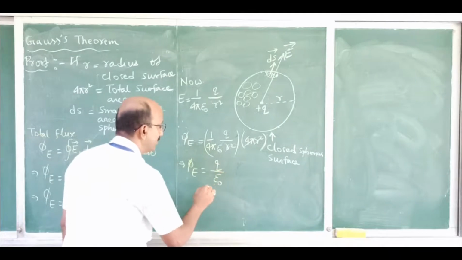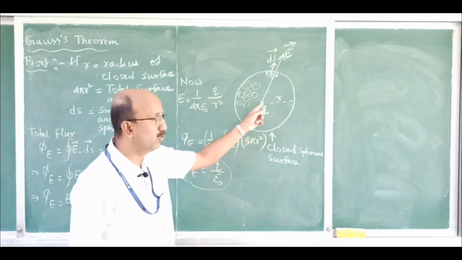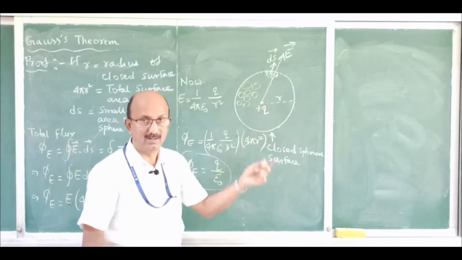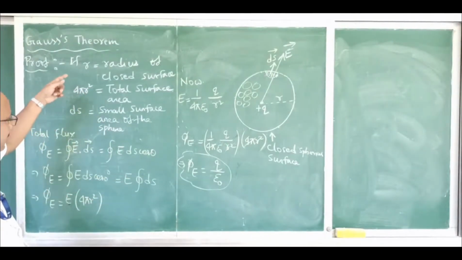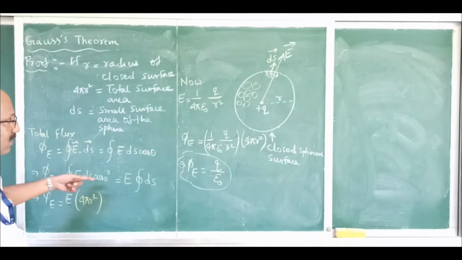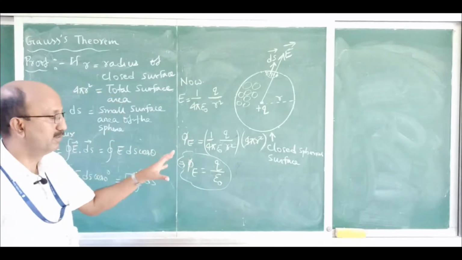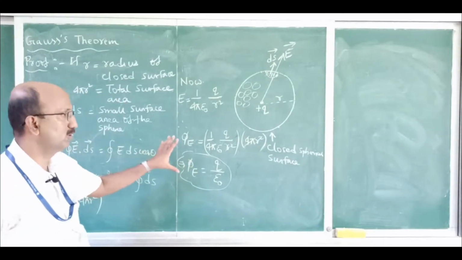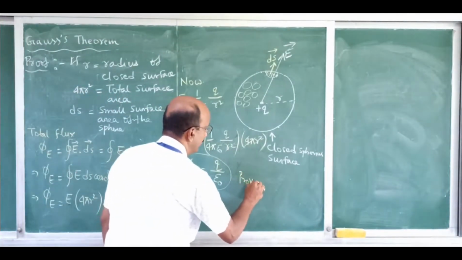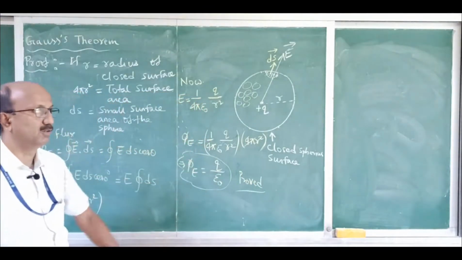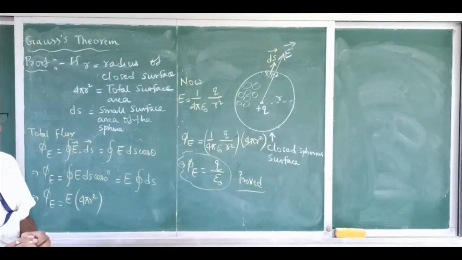Q by epsilon naught. What is Q? Q is the total charge enclosed by this closed surface, and this is what Gauss told. Gauss told that instead of doing such a tedious calculation, ultimately you are going to get this result. So this is proved, whatever Gauss told is correct. So henceforth we will be using this formula to calculate the total flux associated with any closed surface.